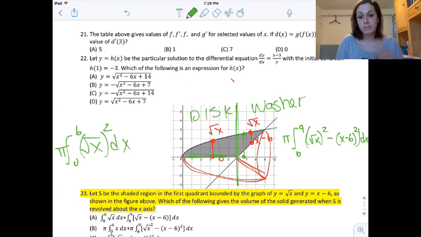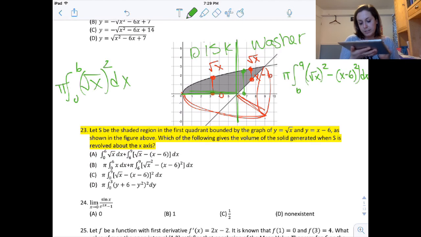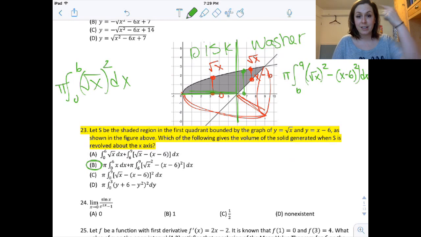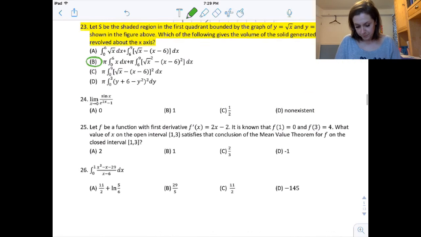Looking at my answer choices, I'm going with answer choice B, because that's pi times the integral from 0 to 6 plus pi times the integral from 6 to 9 of that. On A, they forgot all the squareds. On B, they treated it like it was just a washer through and through. And on C, they treated it like it was going around the y-axis, which it's not.